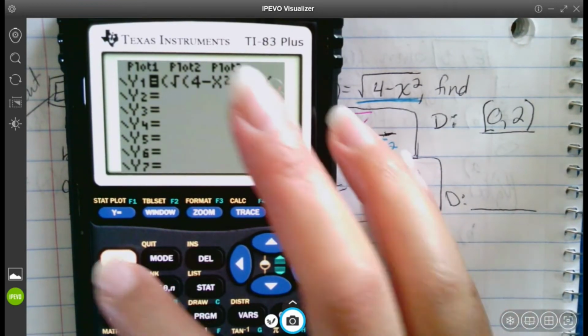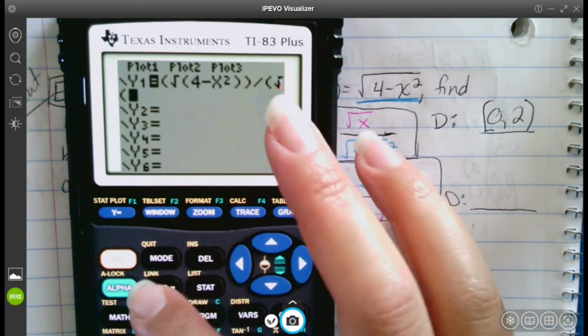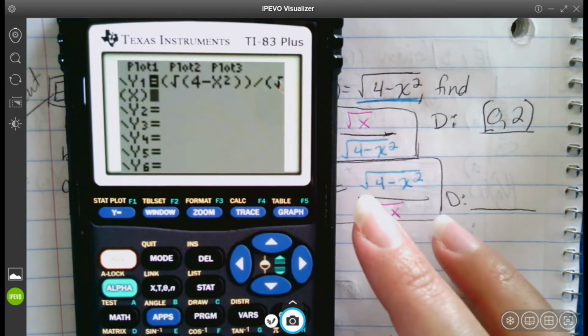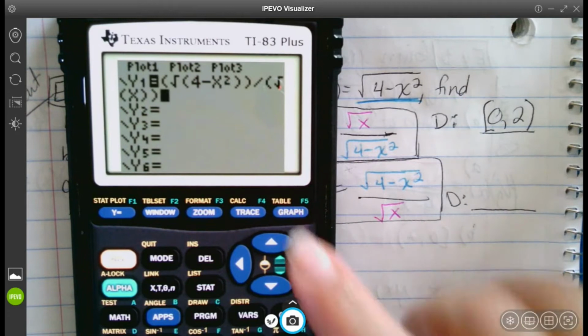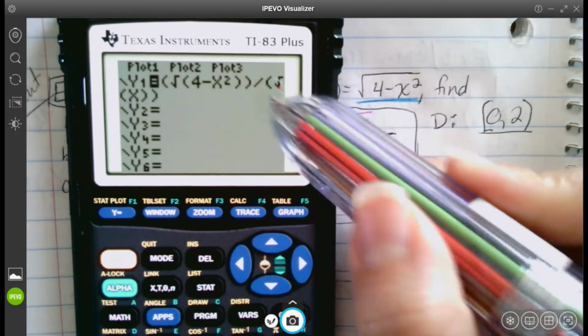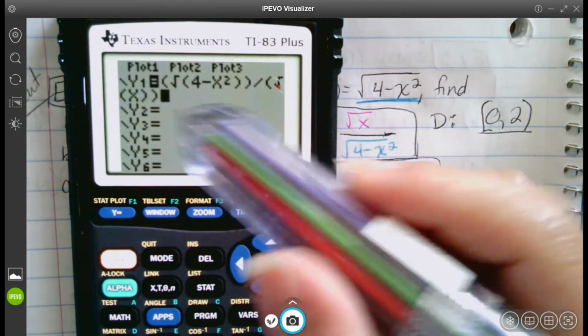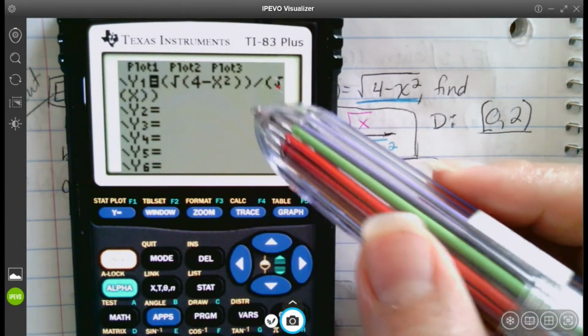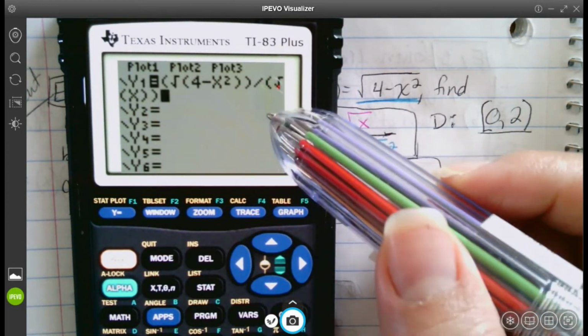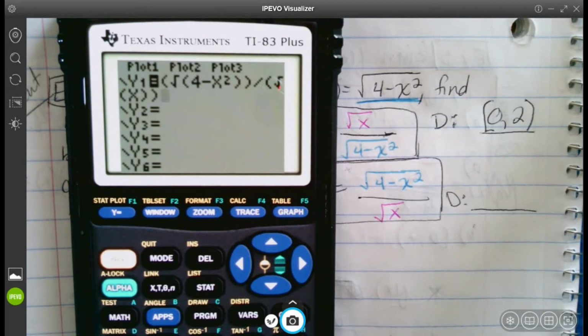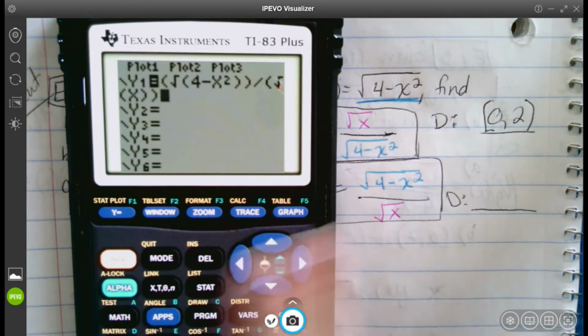So parentheses, square root x, close the square root, close the denominator. Sometimes, for instance this bottom part, you probably would not have needed an extra set of parentheses. I tend to do it just in case because this calculator is a little bit picky with how it formats some of the stuff.